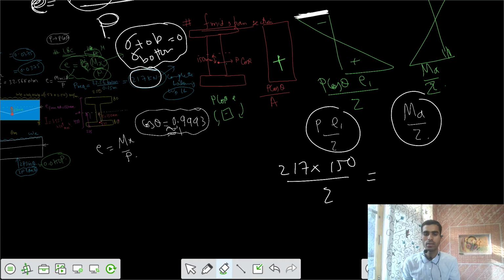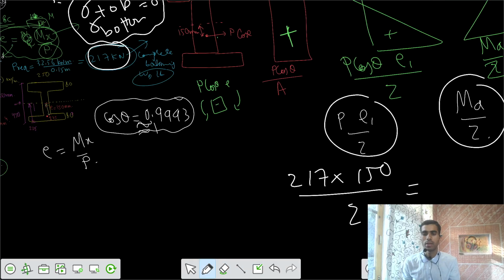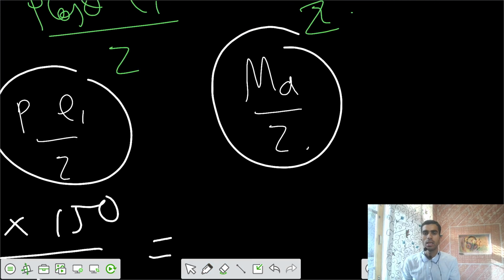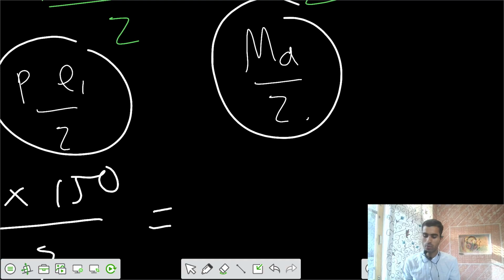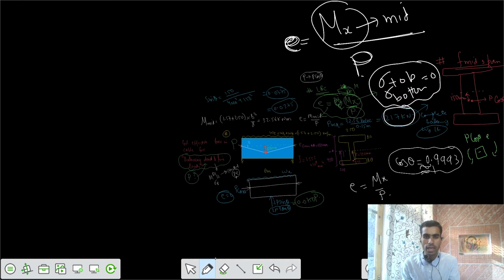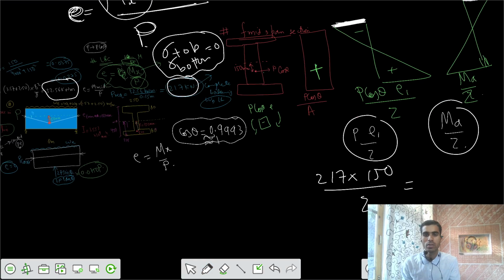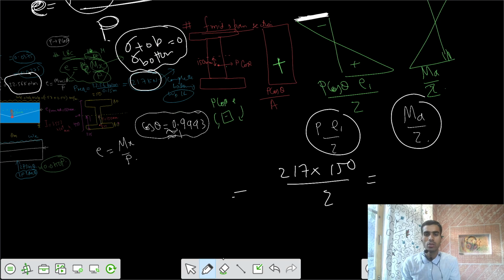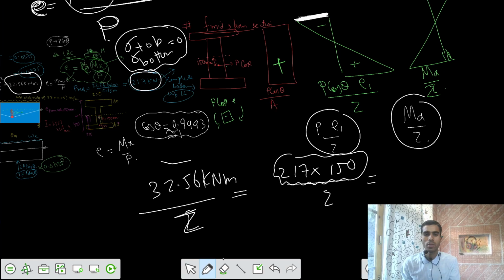I want to see whether this is equal to this, which is your M all by Z. The moment M all was the moment because of all the loads, which you calculated as 32.56 kilonewton meter. So your moment was 32.56 kilonewton meter divided by Z. You want to check whether this part and this part are the same. This is in millimeters.